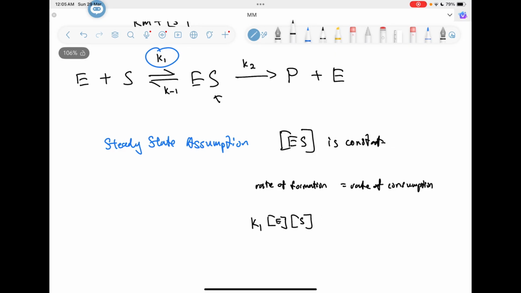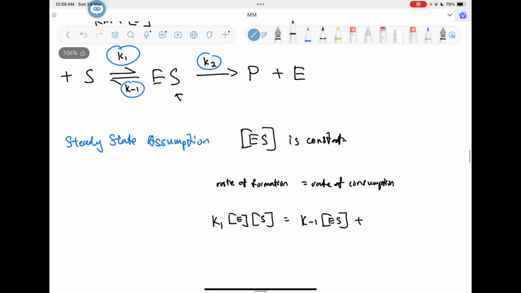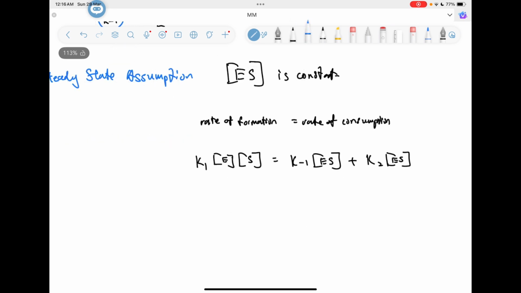And the rate of consumption will be the other two reactions, which take away the enzyme substrate complex. So it will be K negative 1 ES plus K2 ES. Now at this juncture, we will need the help of another equation to help us move forward in the derivation.